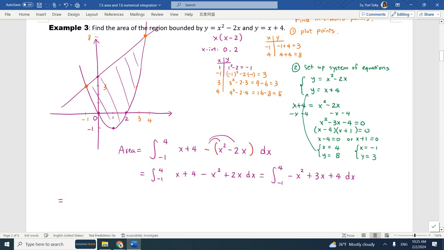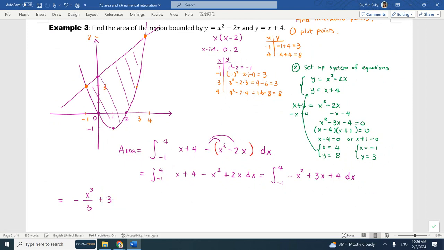Okay, let's see. What's the integral of negative x squared? What do you do to the exponents? Yeah, we add 1, so it's negative x cubed over 3. Yes. Plus 3x.